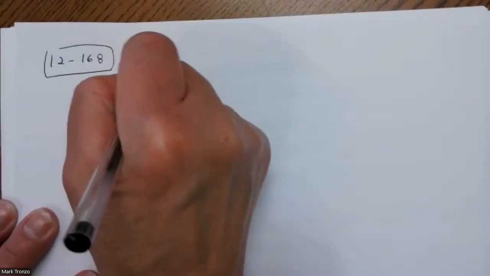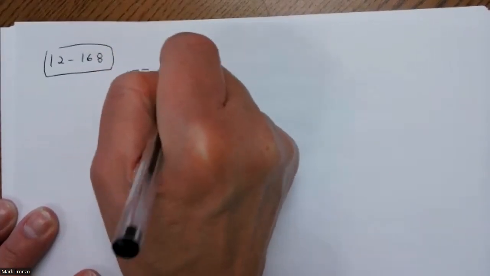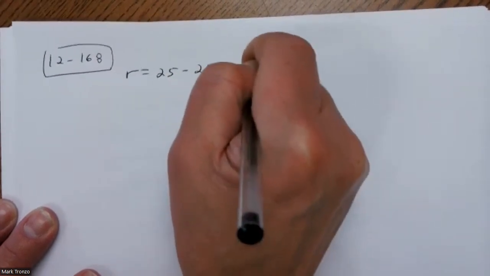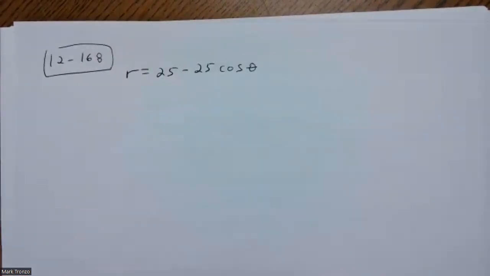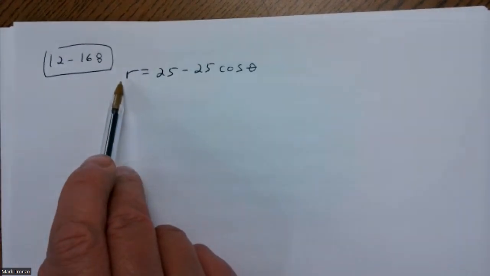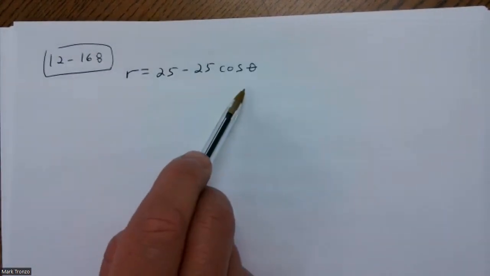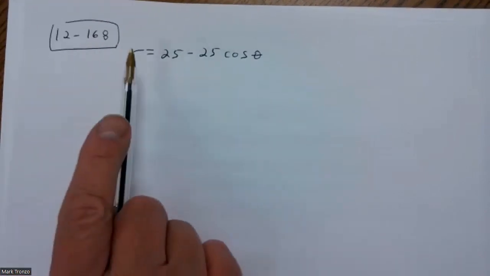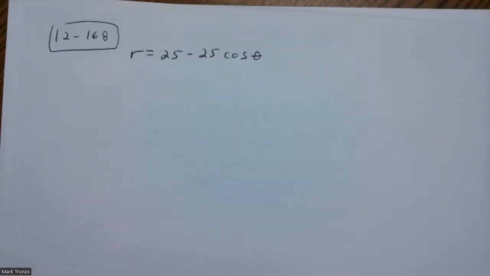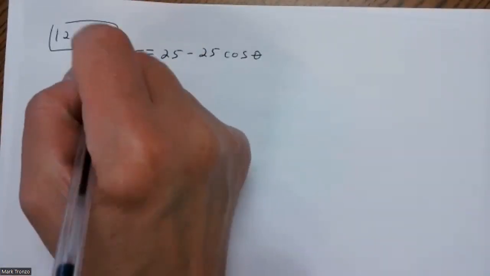So we're given R is 25 minus 25 cos theta. Now we know that R is a function of t, and we know that theta is a function of t. So when we take the derivatives of this, we have to do this implicitly. So let's go ahead and do that.